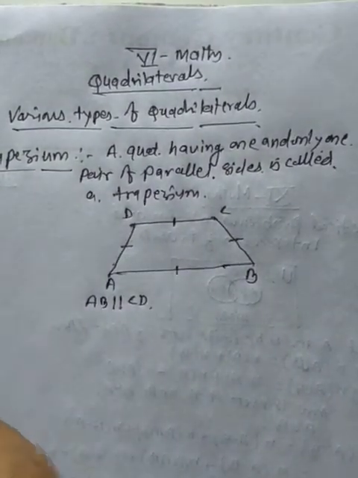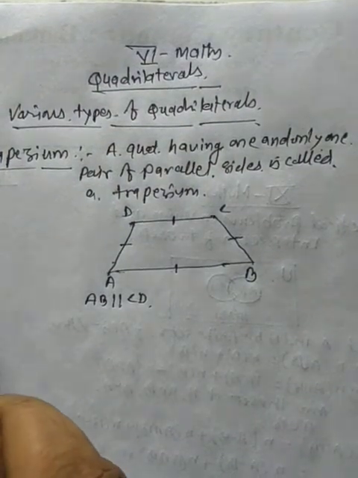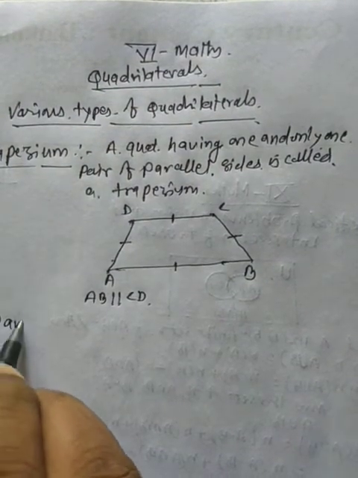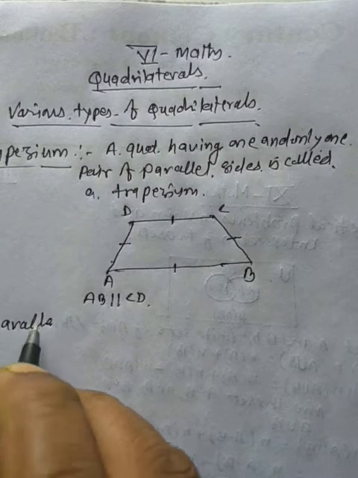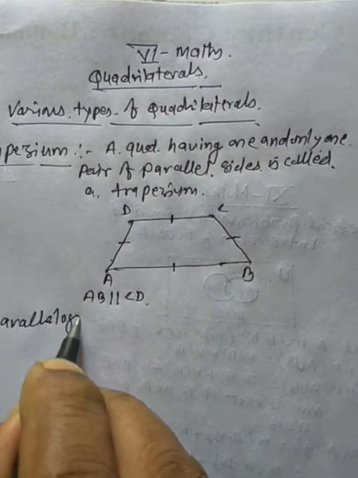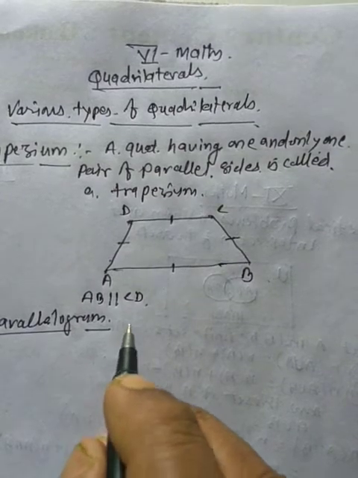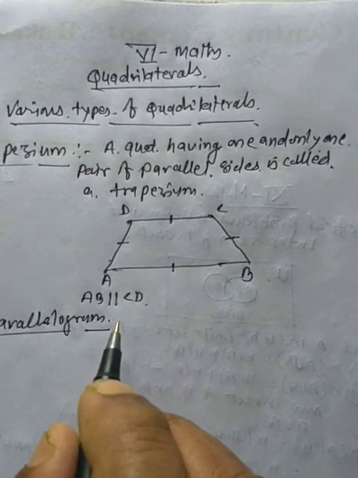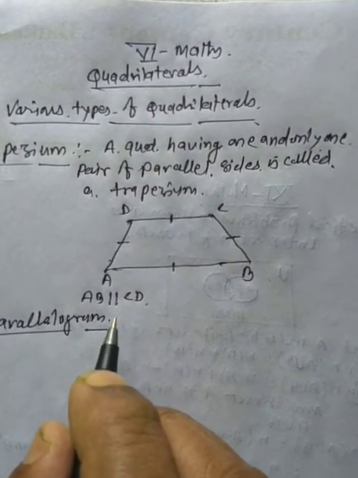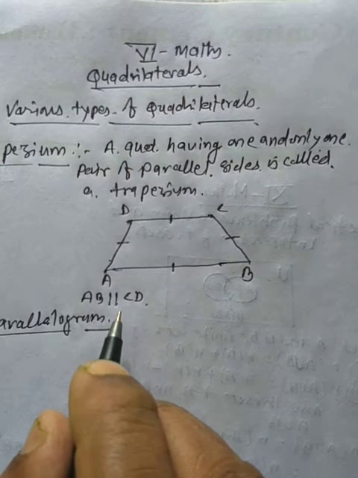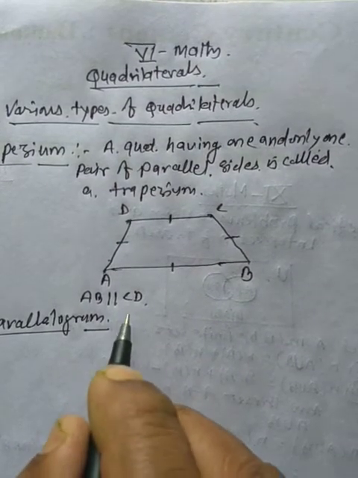Now, second, parallelogram. A quadrilateral in which both pairs of opposite sides are parallel is called a parallelogram.